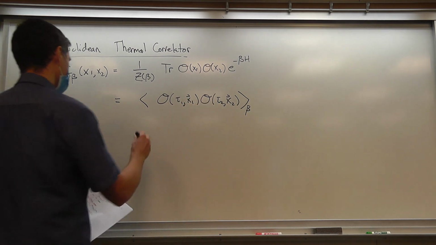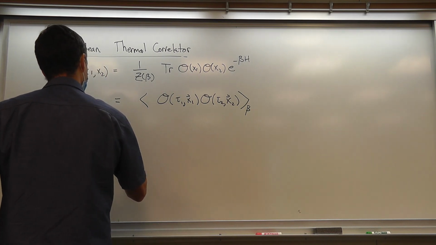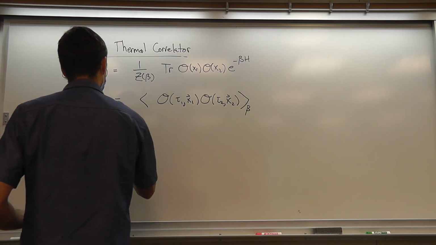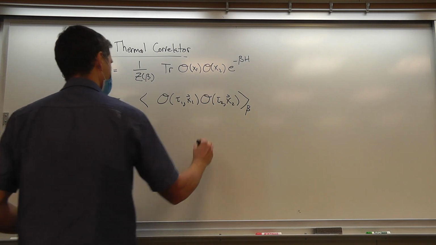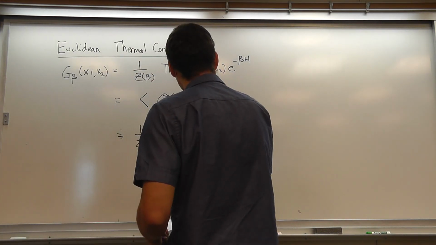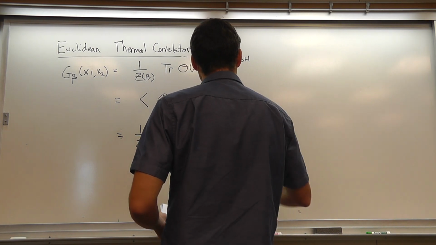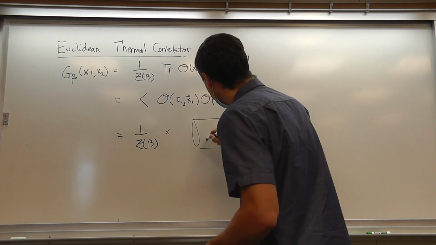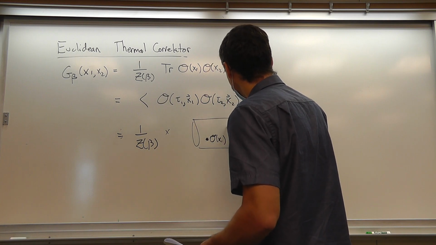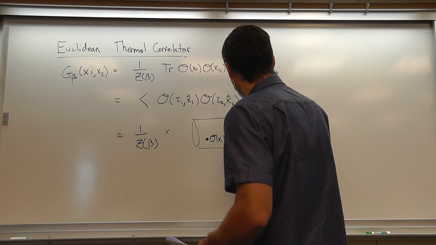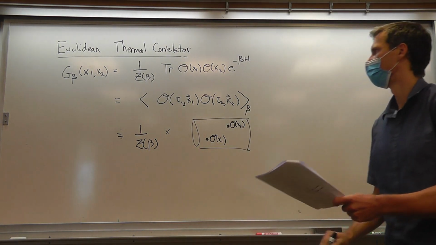Okay, so this is, let me write it this way, 1 over Z of beta times the path integral on the cylinder, now with operators inserted, O of x1, O of x2.